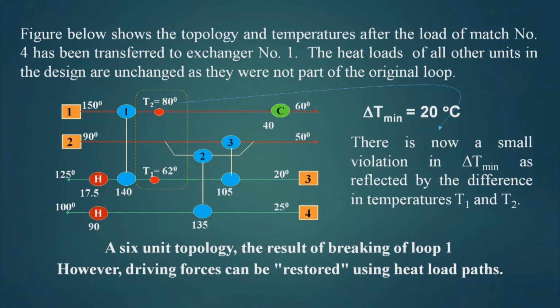However, the driving forces can be restored using a heat load path. So, what we have to do is increase the heater's capacity, and this heat will flow through this heat exchanger to this cooler through a heat load path. Let us see what that path is.